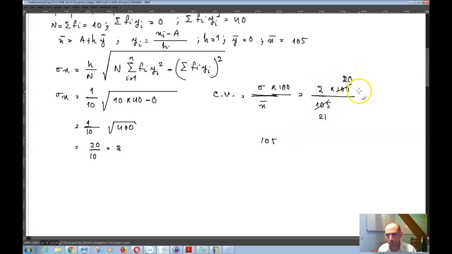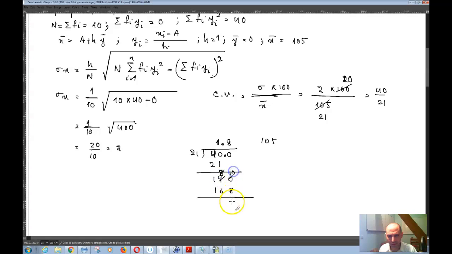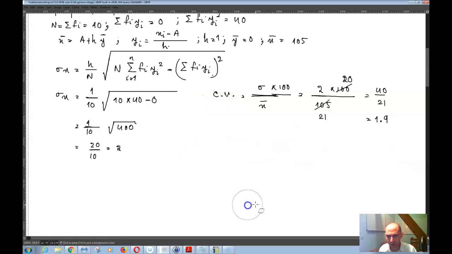And that's 40 divided by 21, which is equal to 1.9. So the coefficient of variation over here is equal to 1.9.